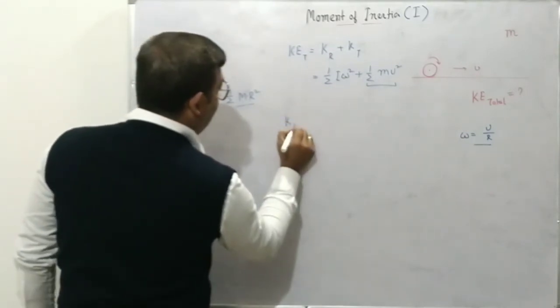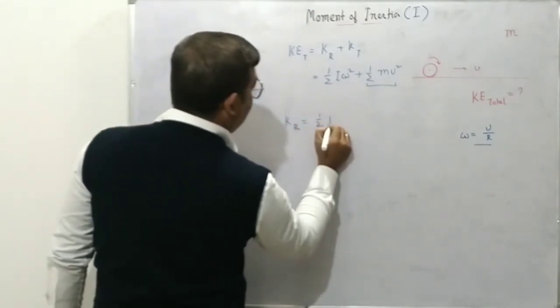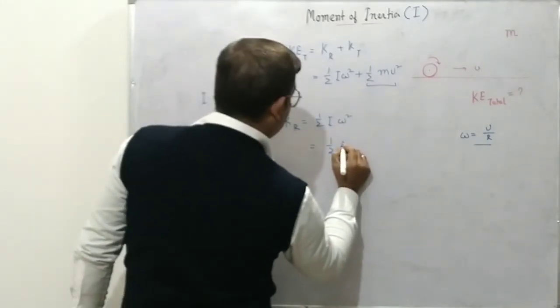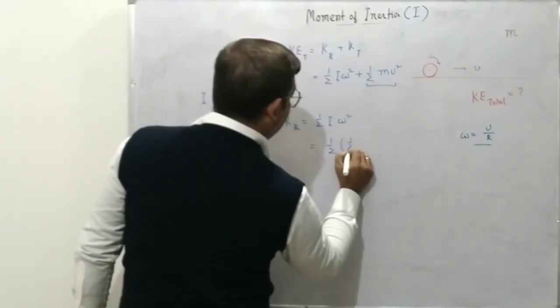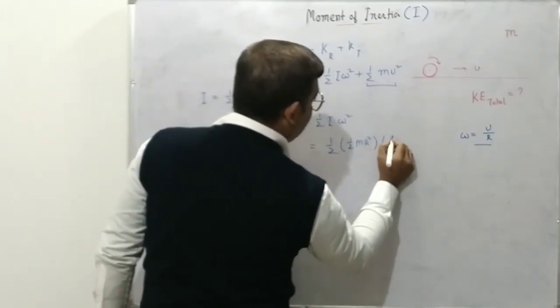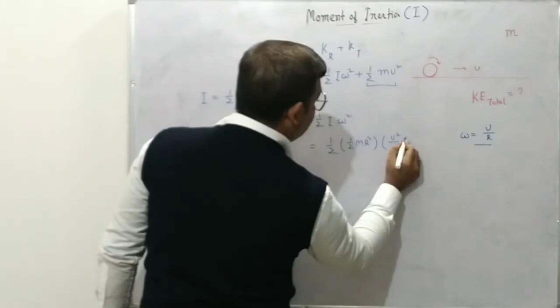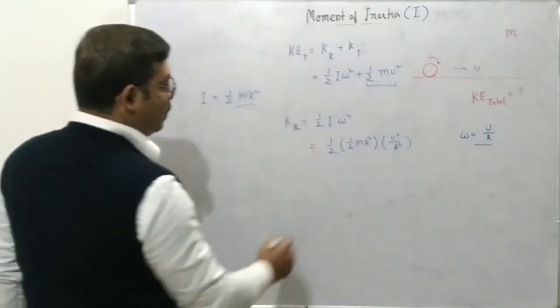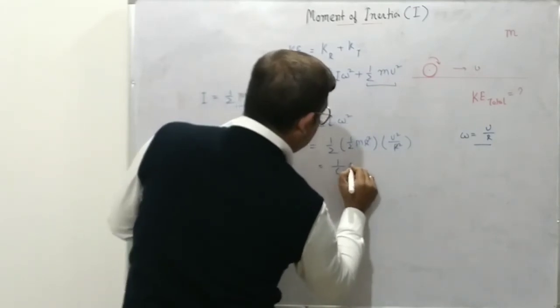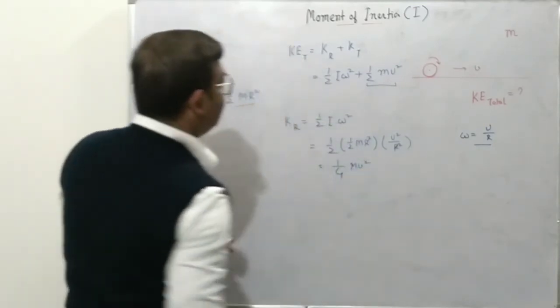So k rotational, which is half I omega squared, will be half into half m r squared, and then omega squared is v squared by r squared. So r squares will cancel, so we have 1 by 4 m v squared.